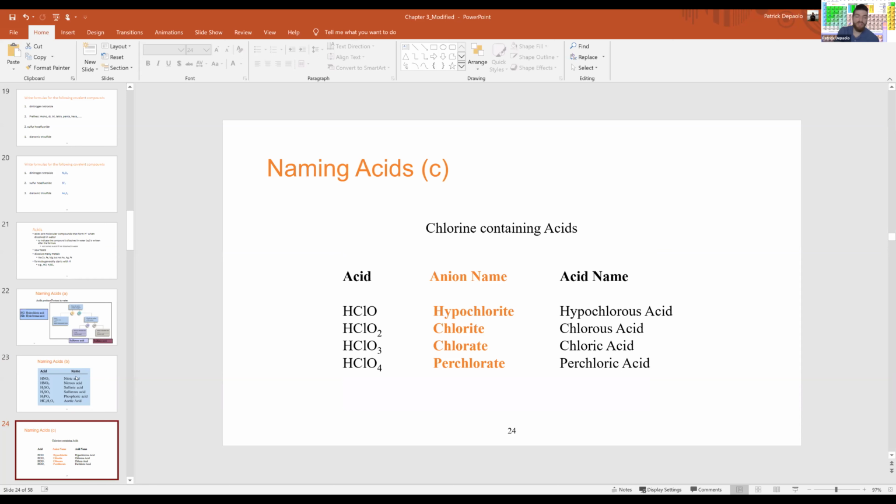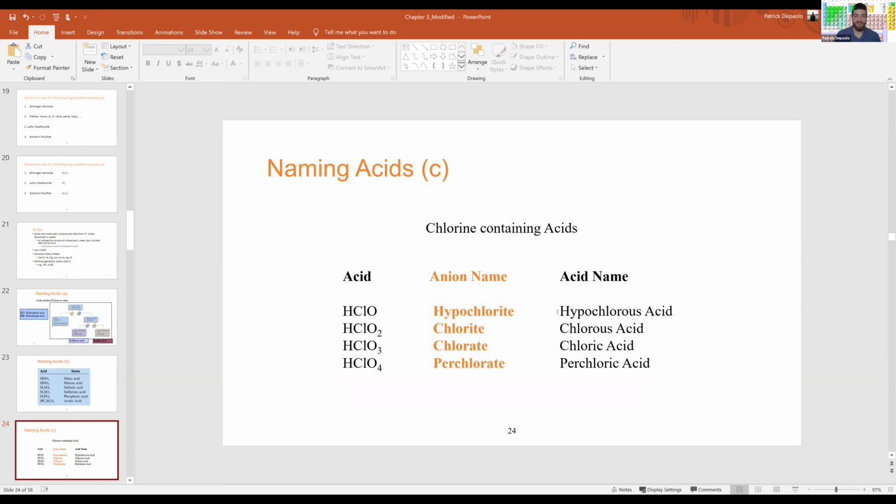Okay, so are there any questions on that? So for an exam, I would expect you to name the simple acids. If I gave you HCl and I gave you HClO, I would expect you to know the difference between those. One of them is hydrochloric acid. The other one is hypochlorous acid.